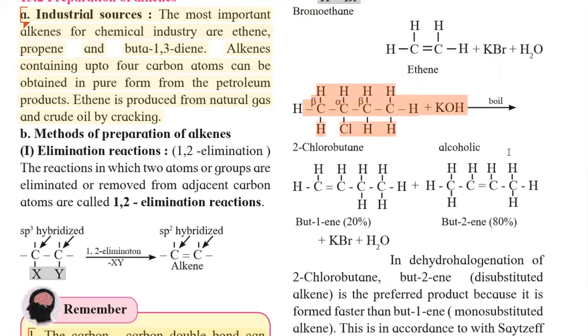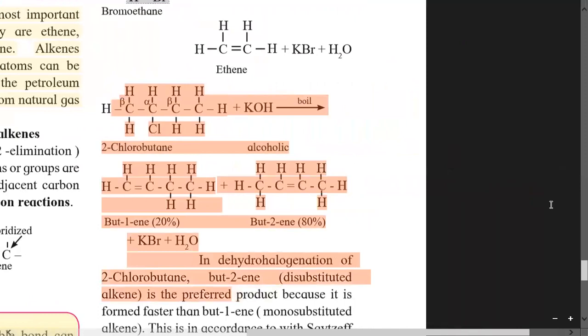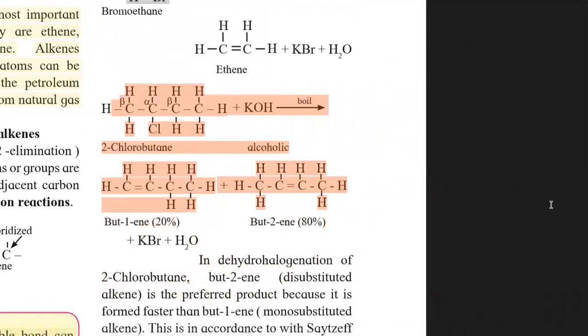When heated with alcoholic KOH, two possible alkenes are formed. The removal of hydrogen atom from the left side beta carbon gives but-1-ene as an alkene, which is 20%, and the removal of hydrogen from the right side beta carbon gives but-2-ene as an alkene, and it is 80%.